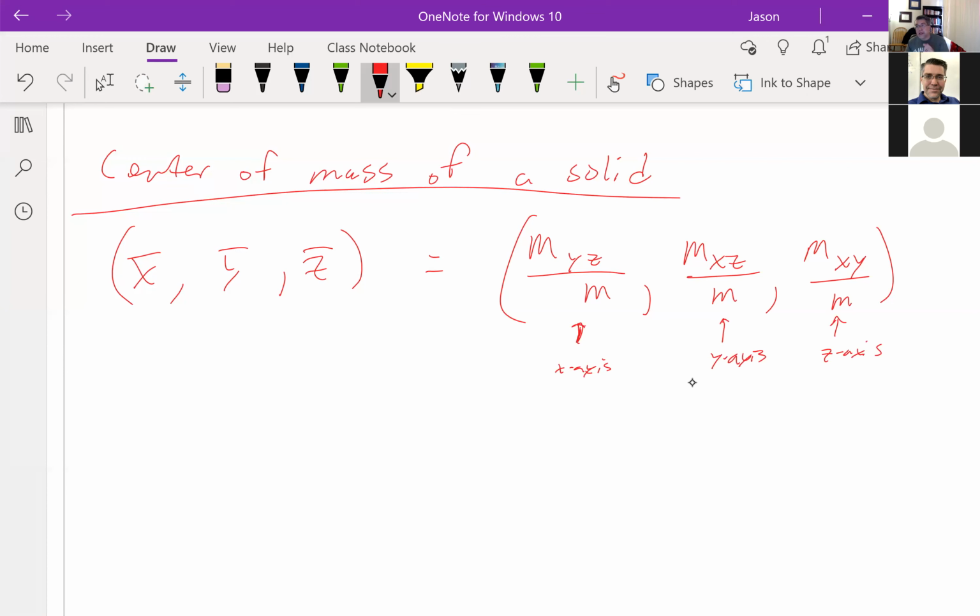So instead of doing a double integral to find the center of mass of a lamina, remember that two-dimensional surface, now we're going to do a center of mass of a volume.